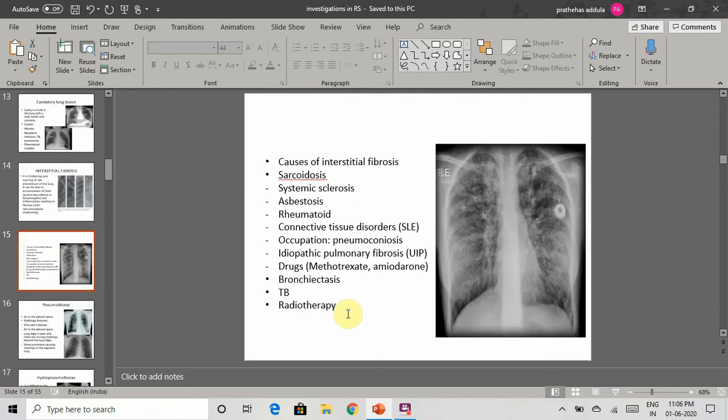Causes of interstitial fibrosis are sarcoidosis, systemic sclerosis, asbestosis, rheumatoid conditions and connective tissue disorders like SLE, pneumoconiosis, idiopathic pulmonary fibrosis, and drugs like methotrexate and amiodarone, and also bronchiectasis, TB and radiotherapy. The picture also shows scarring.